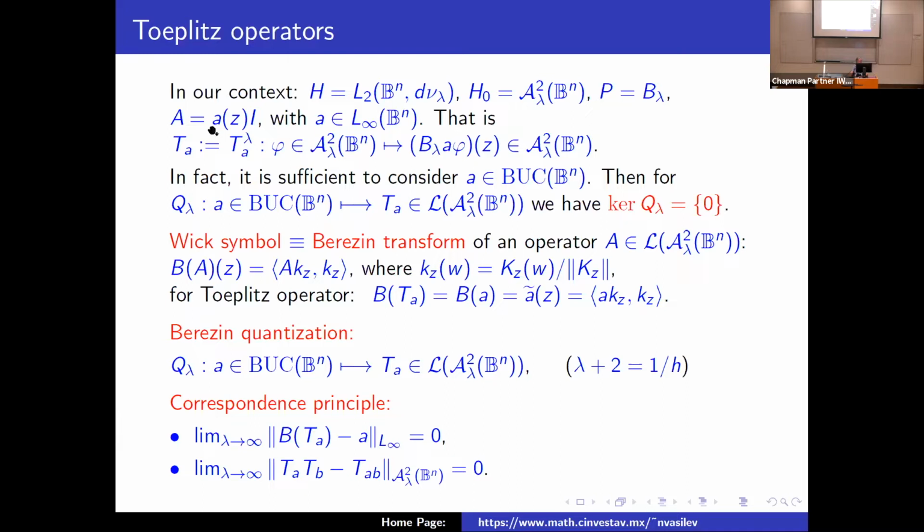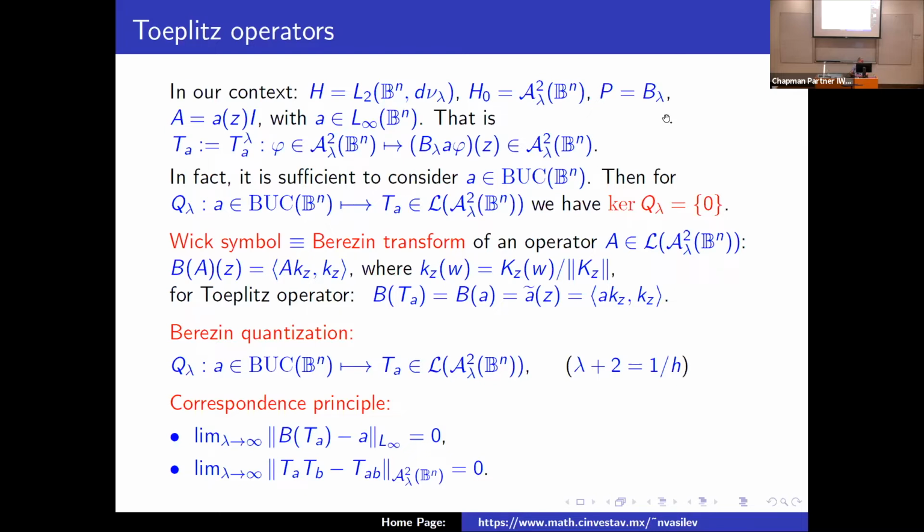That is the Toeplitz operator with symbol A. It is nothing but the compression to the Bergman space of the multiplication operator. We take an analytic function, multiply by A, it is no longer analytic, and we project back to the Bergman space.